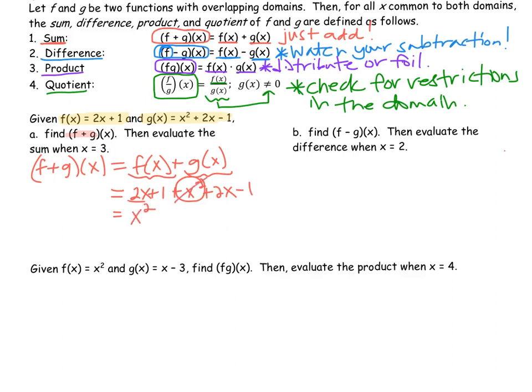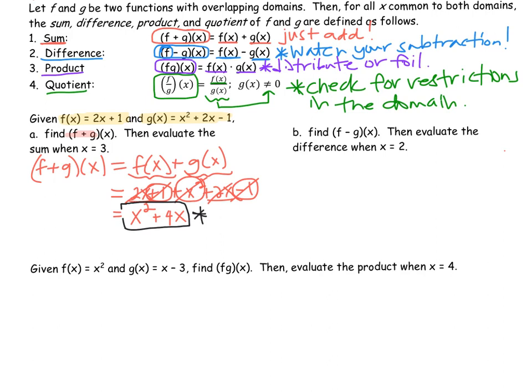And then we have our linear 2x and another 2x, which is plus 4x. And then we have our constant plus 1 and minus 1. They cancel out. Our answer then to f plus g of x is x squared plus 4x. That's the first part of our answer.